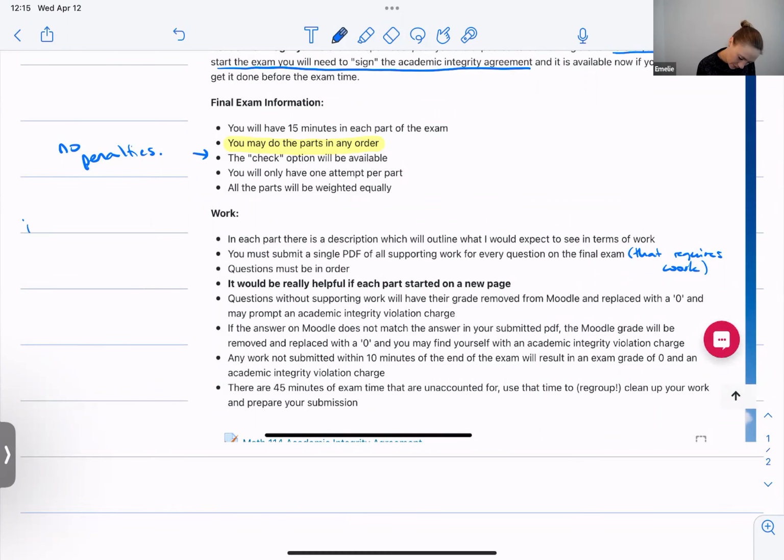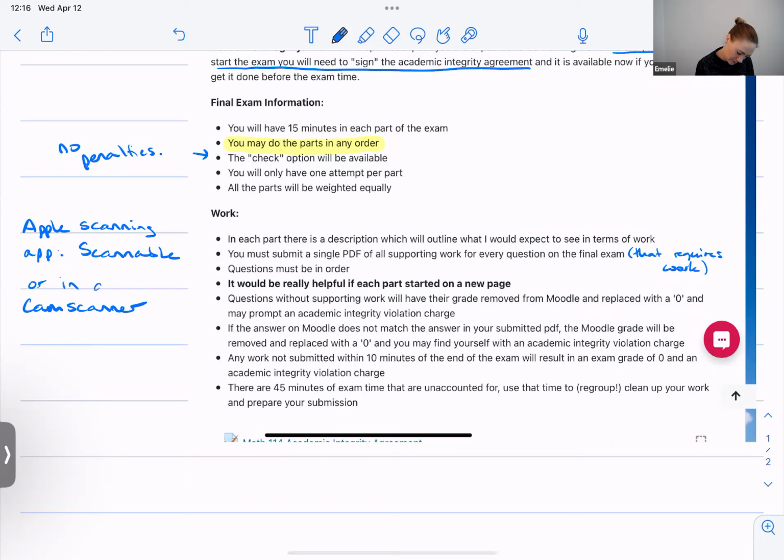For Apple, the free scanning app that I would recommend is called Scannable. It's like a little butterfly. Or I know CamScanner is really popular for other ones, or in general.